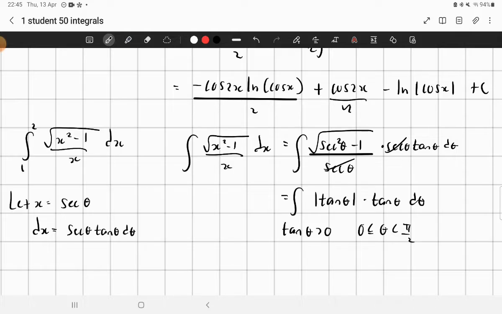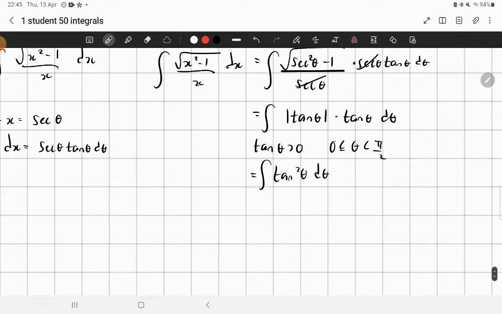Anyway, let's move on. So here will be tangent squared theta d theta. By using one of the trig identities, we can express this as the integral of secant squared theta minus 1 d theta. We know that the integral of secant squared theta is tangent theta minus theta plus c.